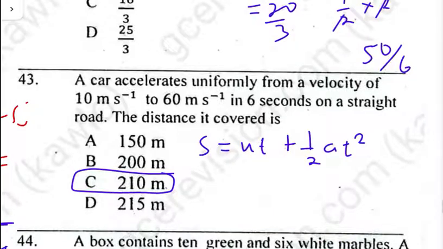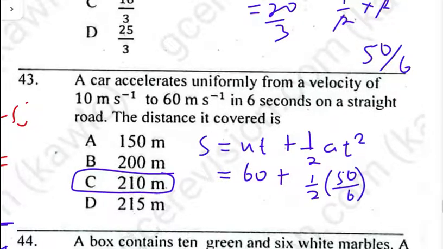So we're going to have 10 times t, that's 60, plus a half times a, 50 on 6, times t squared, 36. 6 here 1, 6 here 6, 2 here 1, 2 here 3, 50 times 3, 150, plus 60, 210.